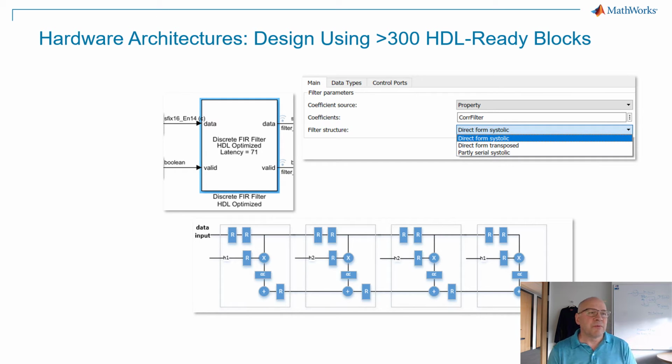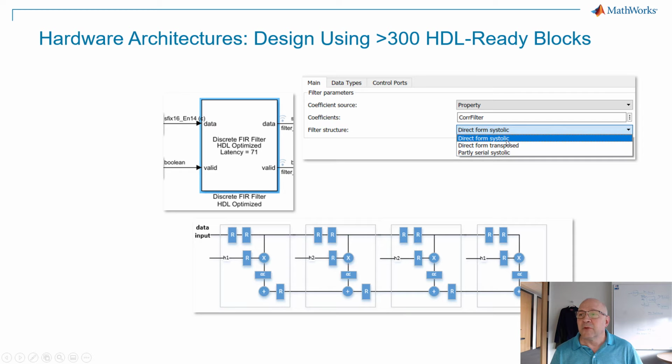So what we're doing here is we have a whole library of over 300 blocks within Simulink that are HDL ready. So that starts with fairly basic ones like addition and multiplication that you see kind of built here into this filter. Or it can be at the sort of this macro level, in this case a FIR filter. And the nice thing about these high-level blocks is in many cases there's multiple architectures that they are based on.